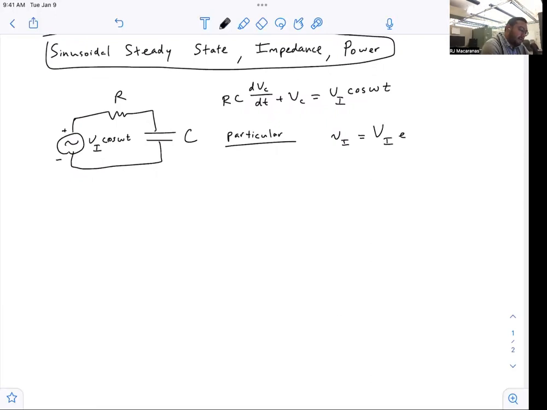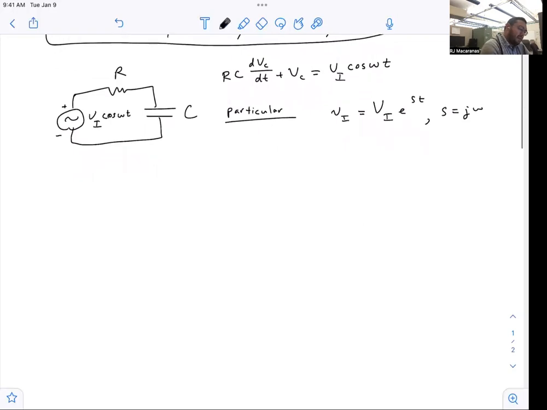So we're going to be taking this input to be Vi times e to the st, where s is this j times omega, and j is that imaginary number. And what this allows us to do, if you recall by Euler's formula, we have this result that says e to the jx is equal to cosine of x plus j times sine of x.